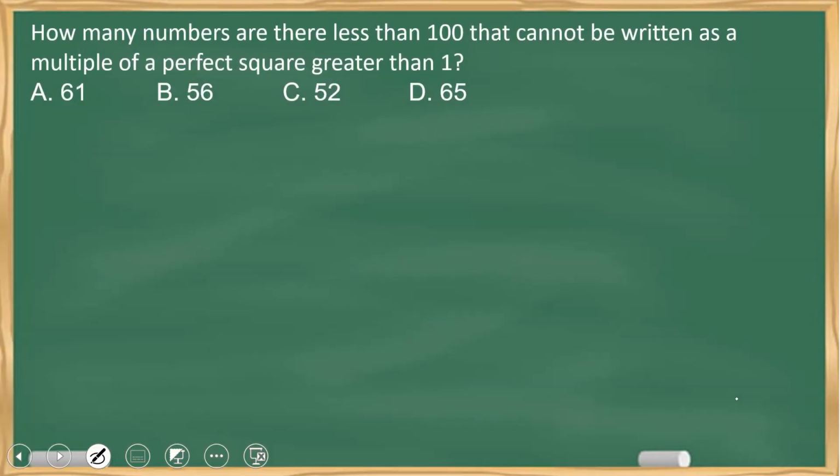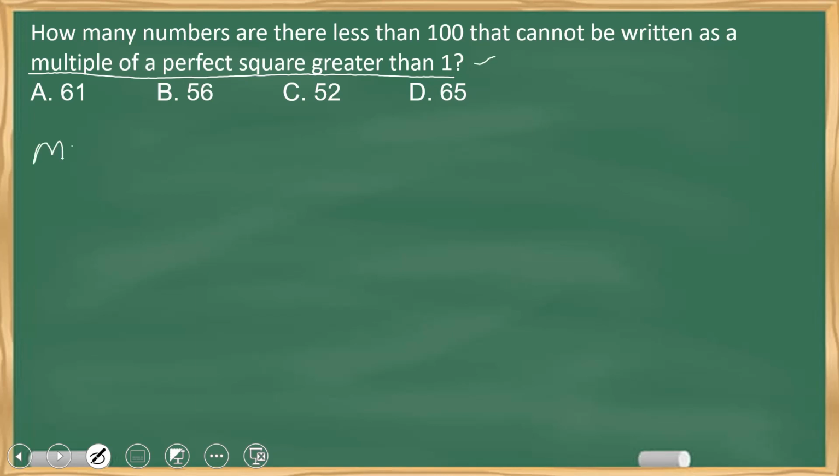Okay, how many numbers are there less than 100 that cannot be written as multiples of a perfect square greater than 1? First, we will write the multiples of a perfect square greater than 1. So what is a perfect square here? Greater than 1. So understand this.